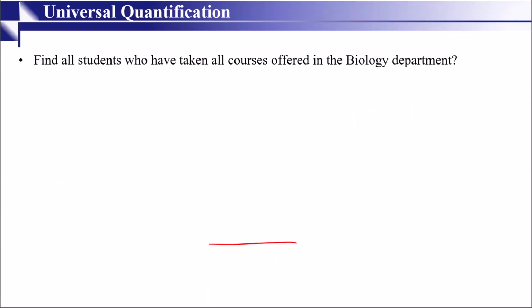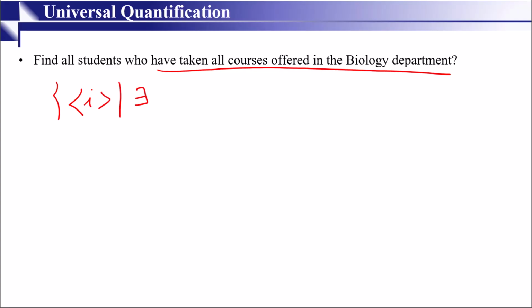Here, find all students who have taken all courses offered in biology department. So we want to have their ID only, right? We write I, there exists N, D, and TC, name, department name, and total credits.